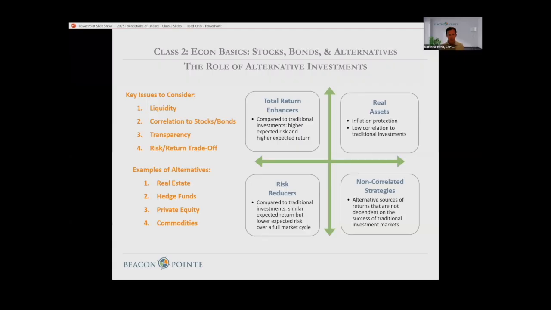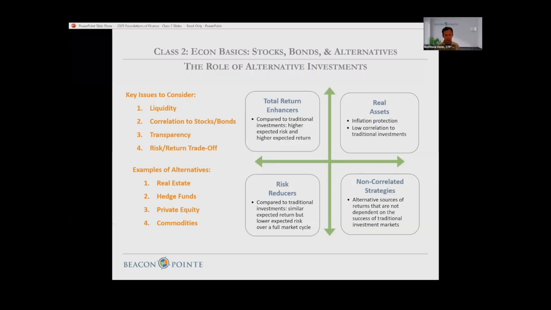A stock and bond correlation can support each other over large market timeframes, because oftentimes there is some level of inverse relationship. But if you add a third category of investments like alternatives, it adds another layer of diversification in the portfolio. And so that's another reason why we like it.